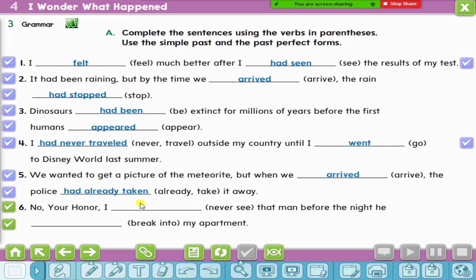Very good. Had already taken. And take care here that we use already between had and past participle, in the middle. Okay, number 6.